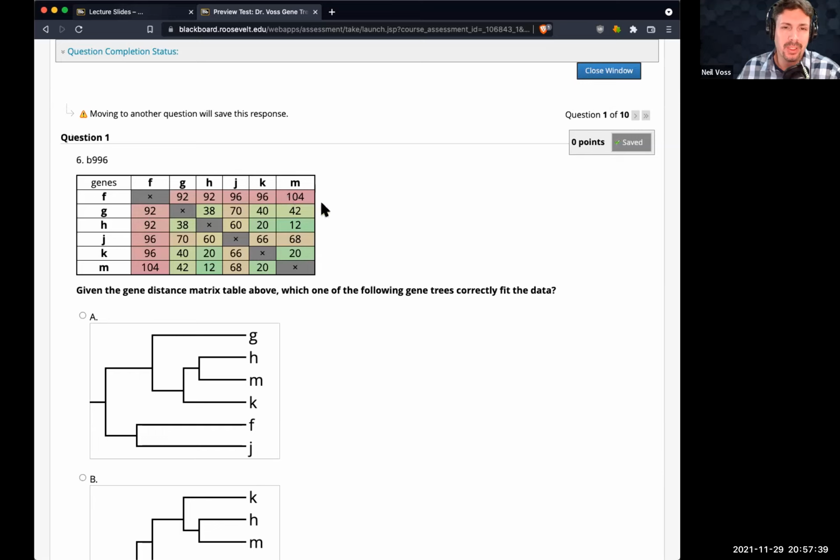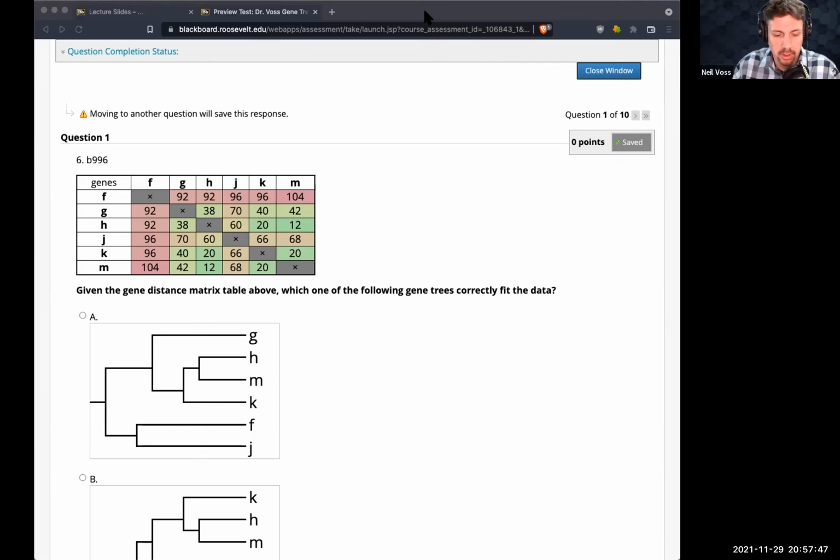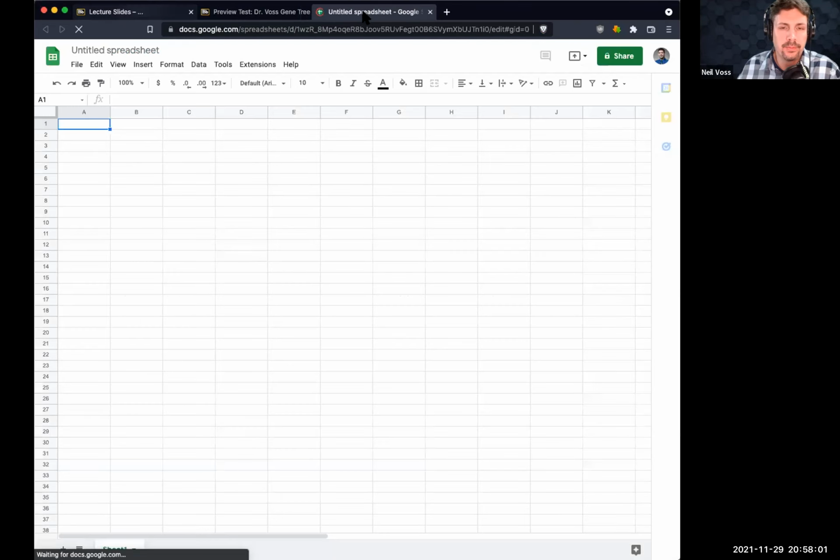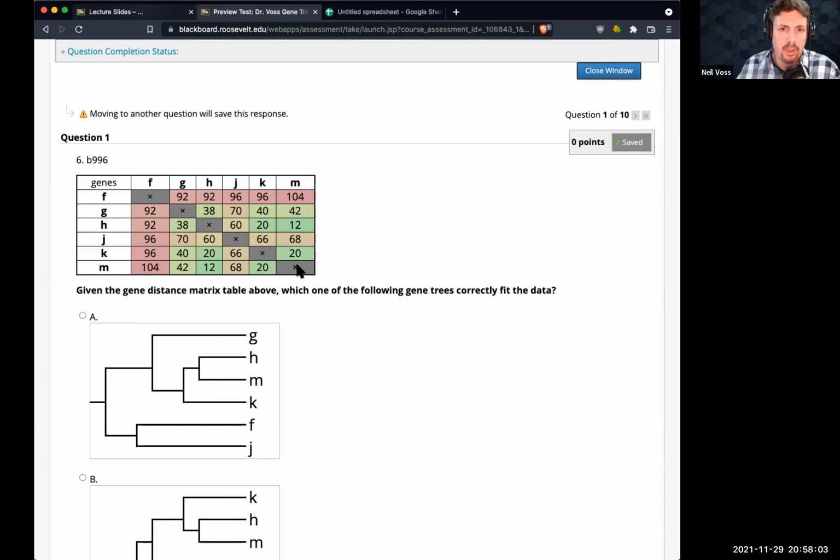If you're doing this in Google Sheets or something like that, it might be a good way to do this. Copy this over.